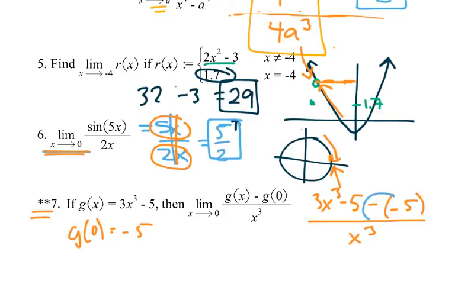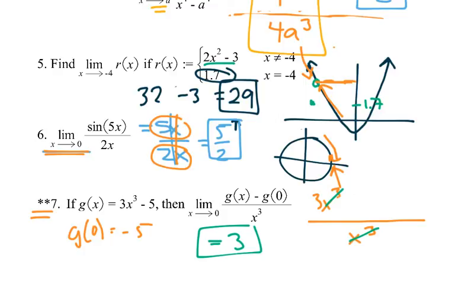Because we're subtracting a negative here, we're really adding 5. So this is the same as plus 5. Negative 5 plus 5, those go away, and we are just left with 3x cubed over x cubed. We can cancel the x cubes, and we are left with 3 over 1, which is 3. So the answer to number 7 is the limit is 3.